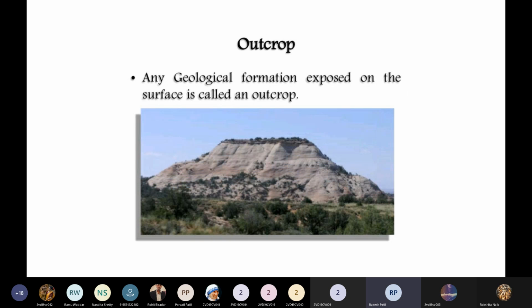Before starting with the structures, I would like to define two terms. First, outcrop. Outcrop is nothing but a rock exposure. Any geological formation exposed on the earth's surface is called an outcrop. Take one rock, whatever exposure or external feature is there, that external feature is called an outcrop.